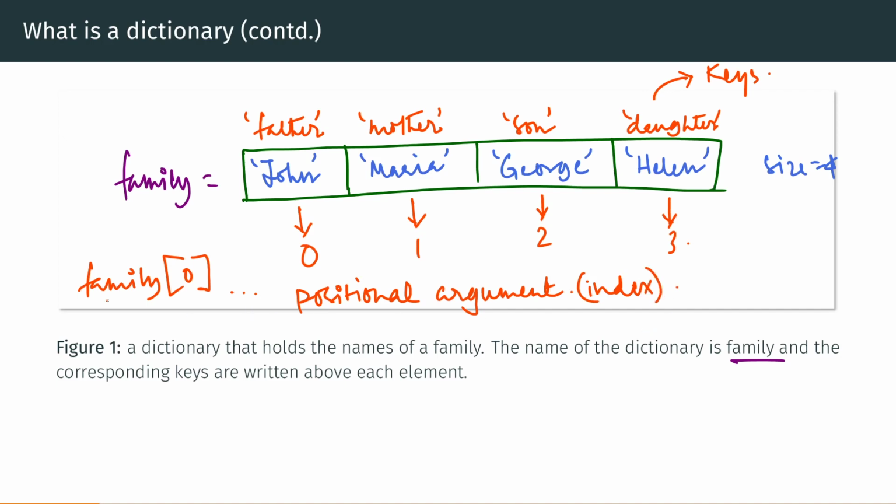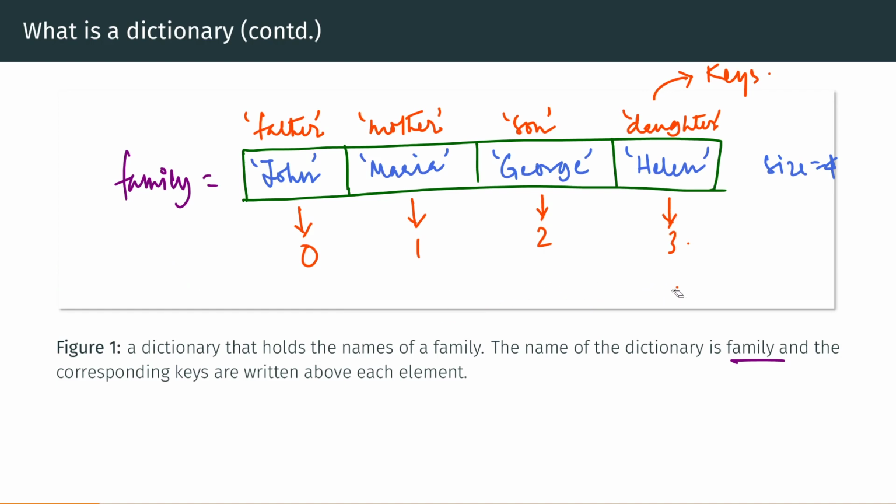So in case of lists, you have these positional arguments, also known as indexes. But in case of a dictionary, you don't have such positional arguments. Okay, so there's nothing that defines a position per se.